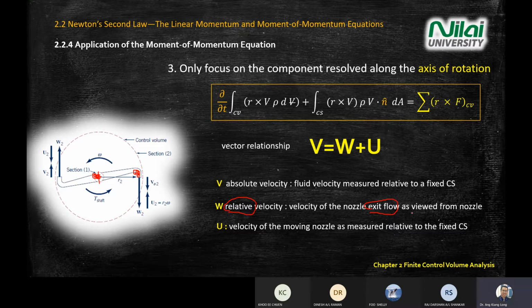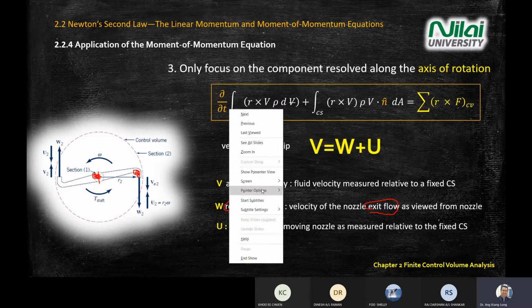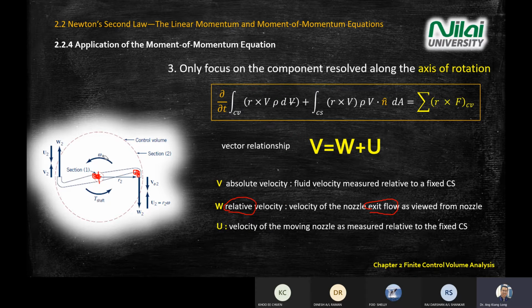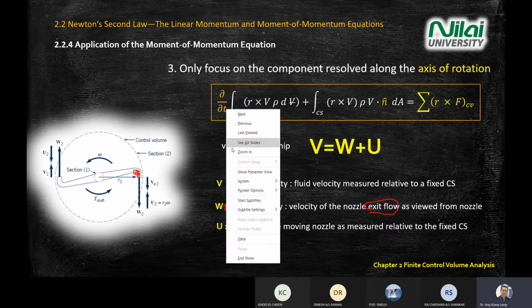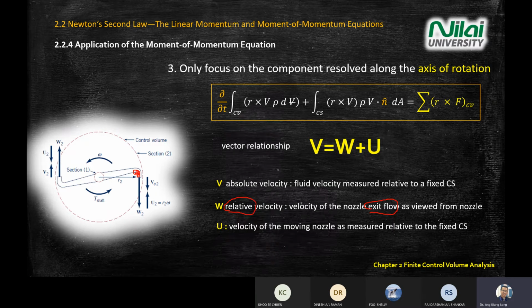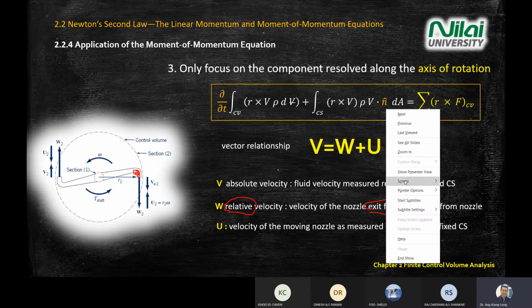I take some note here that you view from the nozzle, meaning you sit here and look at what happened to the flow. The flow is flowing from W2. I think it's better you imagine you sit at the nozzle rather than at the center. You sit at the nozzle and look at what happened to the flow. For W, the relative, you sit here and look at the flow. The flow is spraying out in this direction. You get your W.